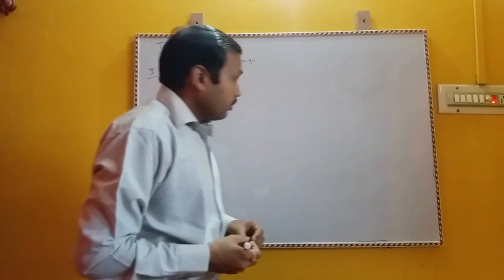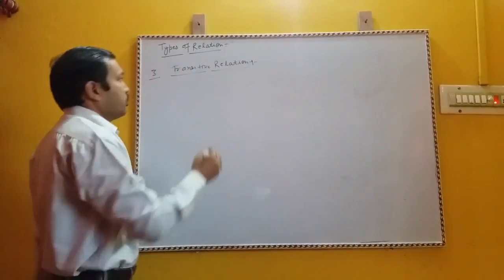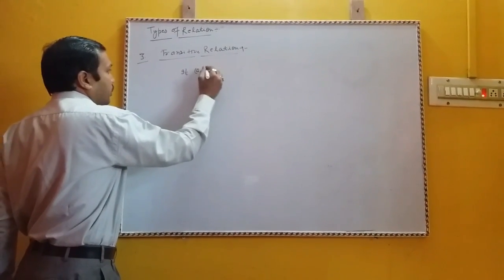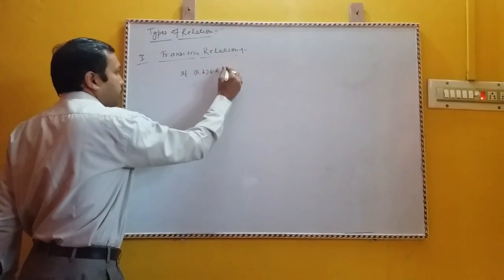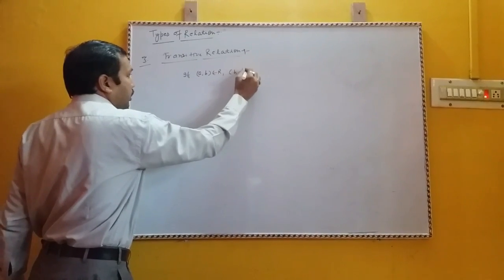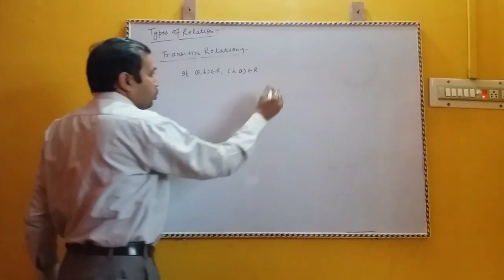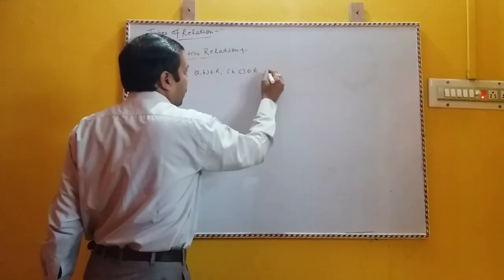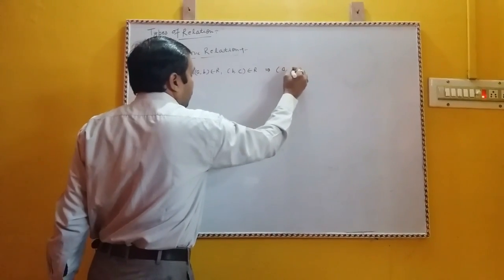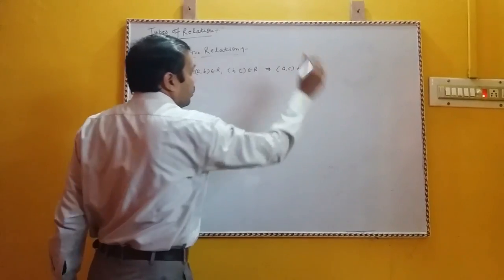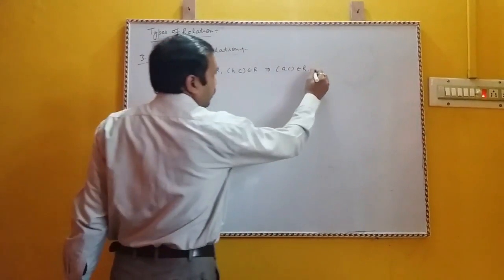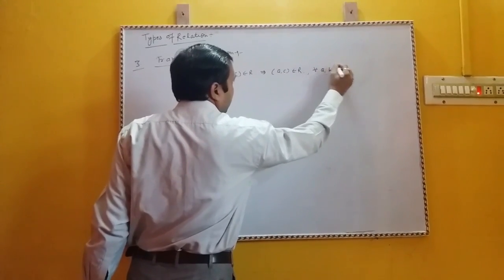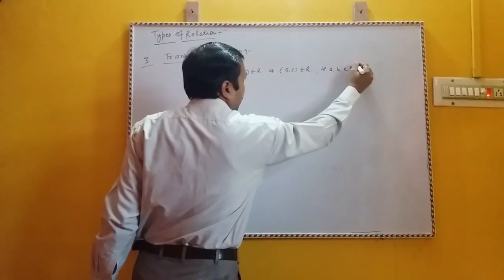A relation R on a set A is said to be transitive if (A, B) belongs to R and (B, C) belongs to R implies (A, C) belongs to R, for every A, B, C belonging to A.